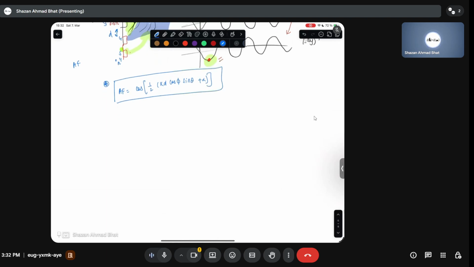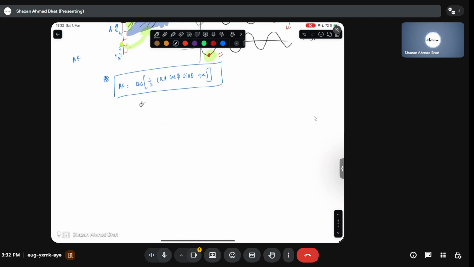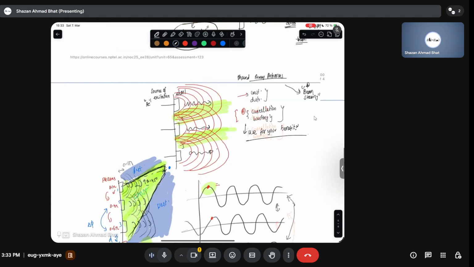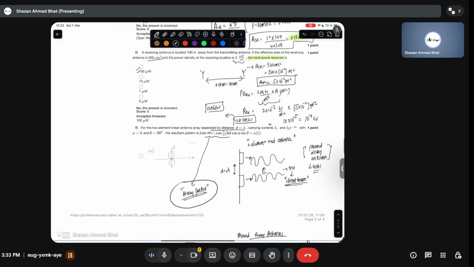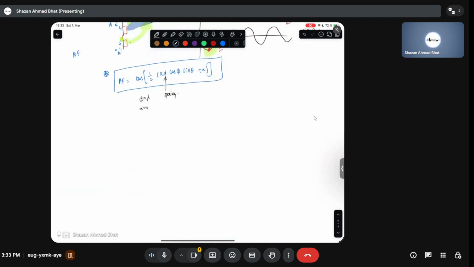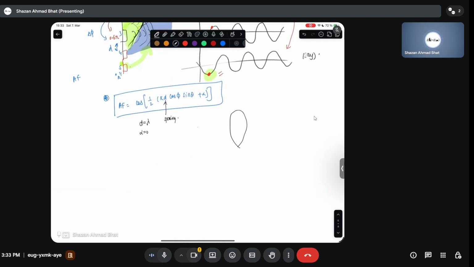And here in this particular question, we have d equivalent to lambda, which is the spacing between the two elements. And alpha is equivalent to 0. I guess it's given. Yeah, it's given. Theta is equivalent to 90 degrees. That means it's radiating in a lobe like this. So if you have a spherical symmetry of the antenna, this is theta, so this is theta equals 90 degrees. So I have a lobe like this.